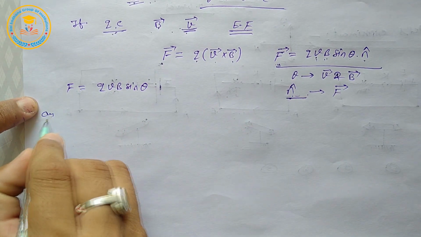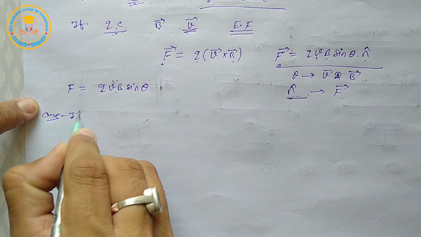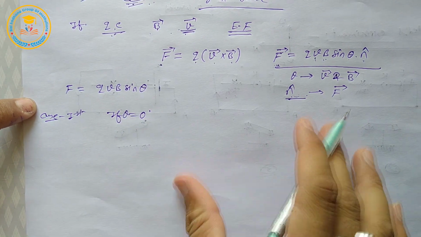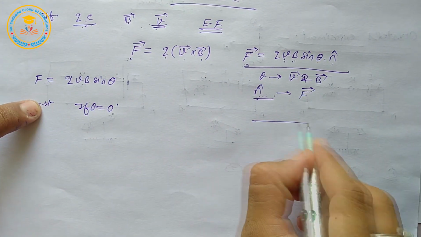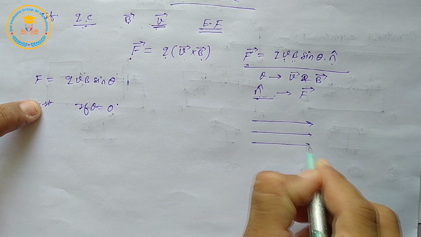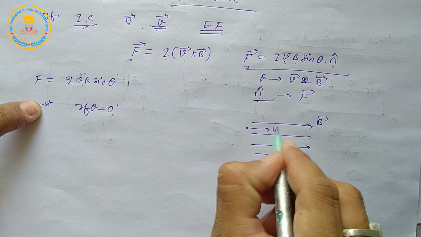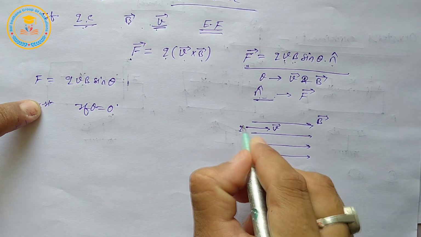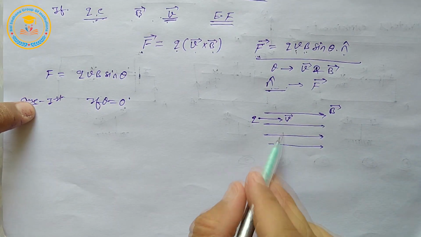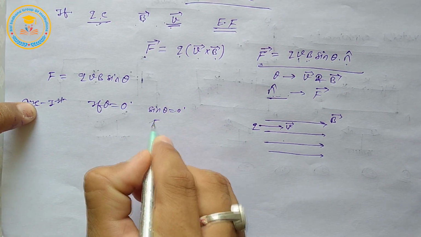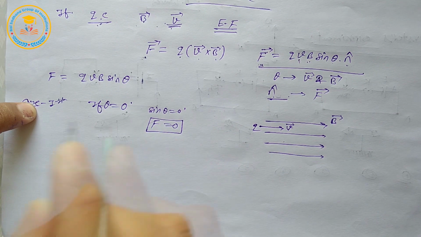Case first, if theta is equal to 0, it means this is the direction of the magnetic field and this is the direction of velocity of the charged particle. In this situation, sin theta is equal to 0, so force is equal to 0.